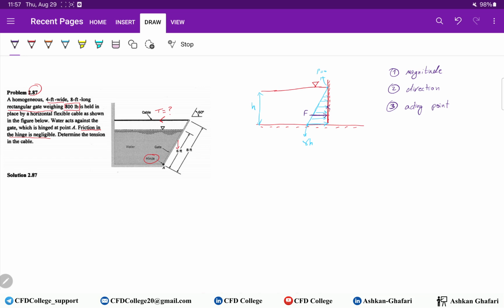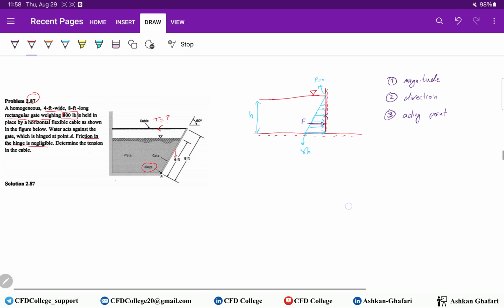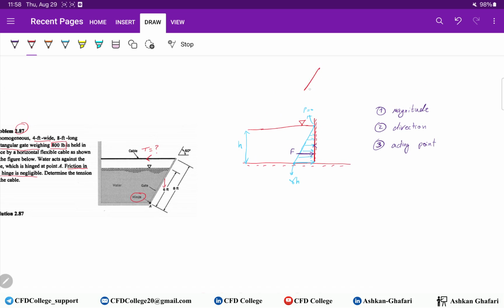Direction is easy. This force, due to any liquid, is always normal to the gate and towards it. So if you have an inclined gate, the force is perpendicular to the gate.